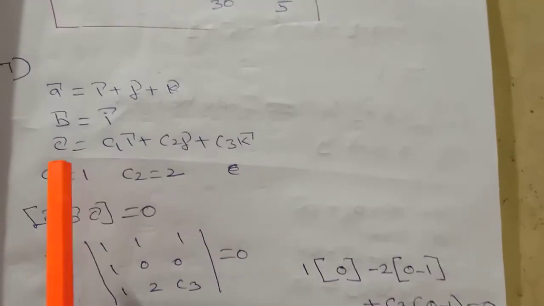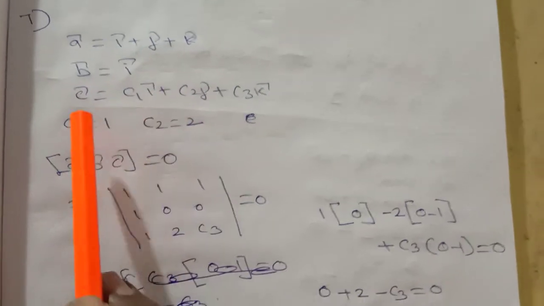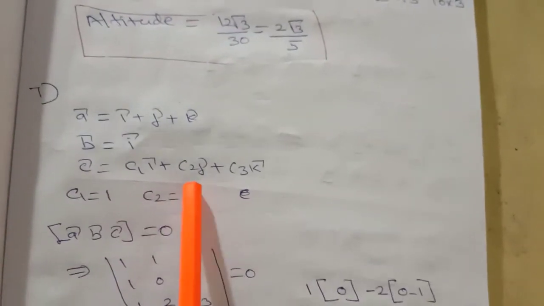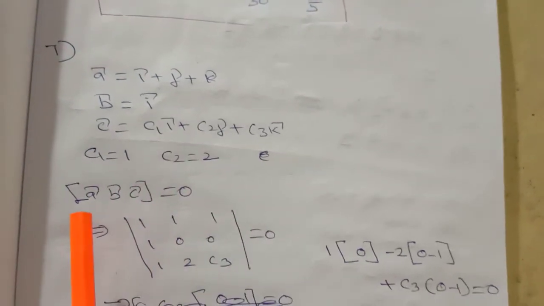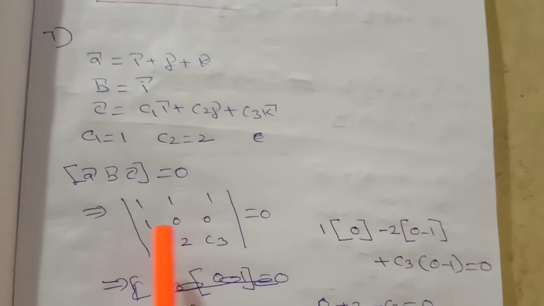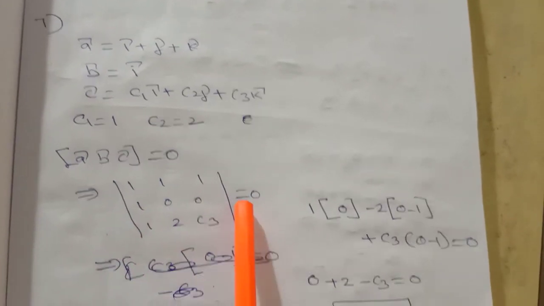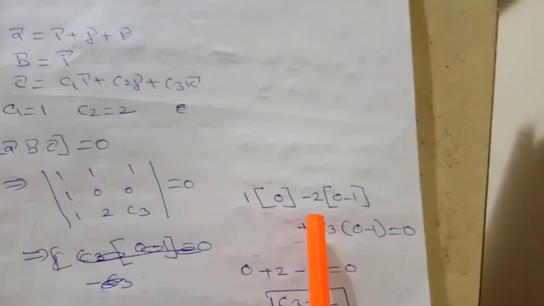So seventh one, vector A equals i plus j plus k, vector B equals i vector, vector C equals C1 i plus C2 j plus C3 k, with C1 equal to 1, C2 equal to 2. So the box product ABC equals 0. So you are getting the determinant 1 1 1, 1 0 0, 1 2 C3 equal to 0.